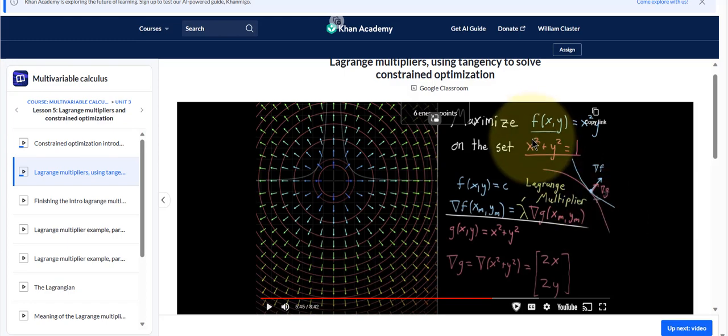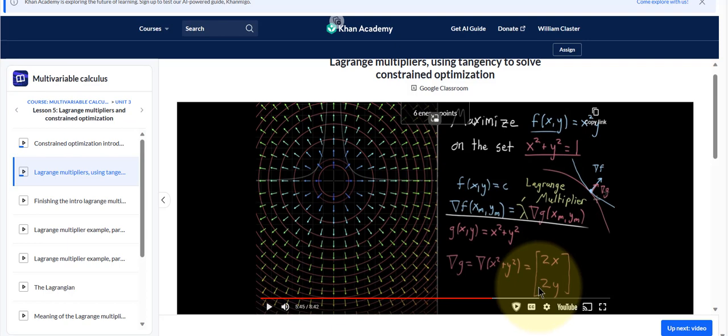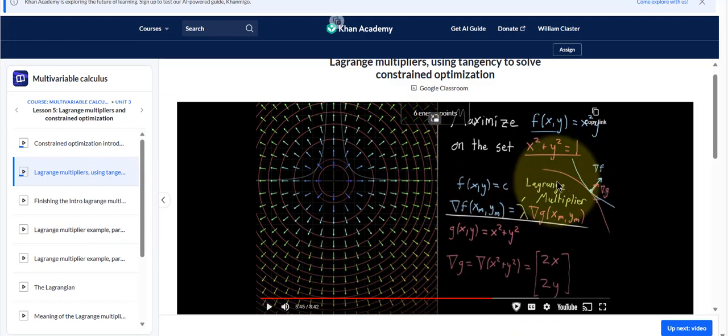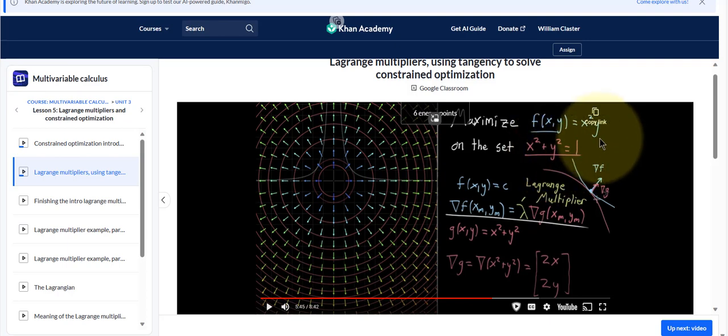So this is g, and we want the partial derivative of g with respect to x and the partial derivative of g with respect to y. Now, there's one last thing. I don't think he said it, or maybe we skipped it, but g is not quite equal to x squared plus y squared. It's actually equal to x squared plus y squared minus 1. That's how he defines g.